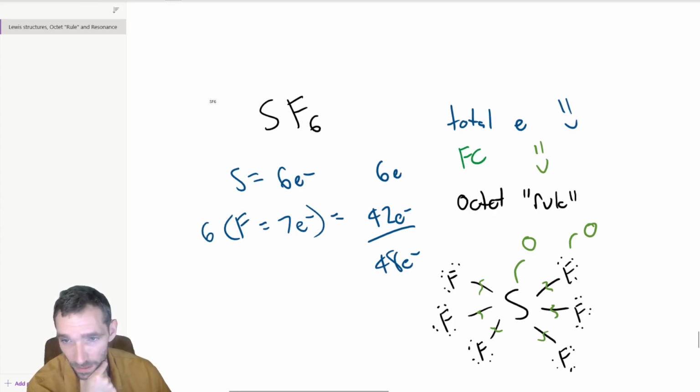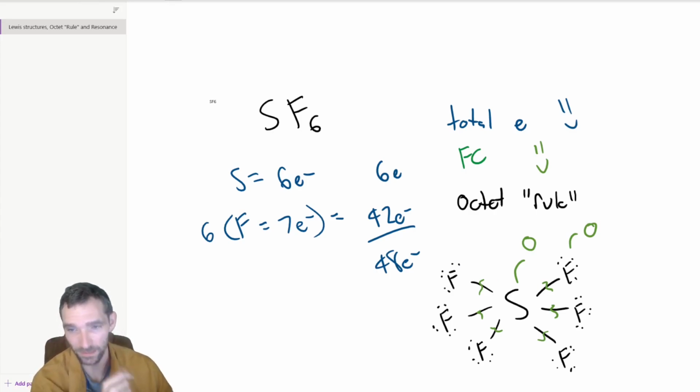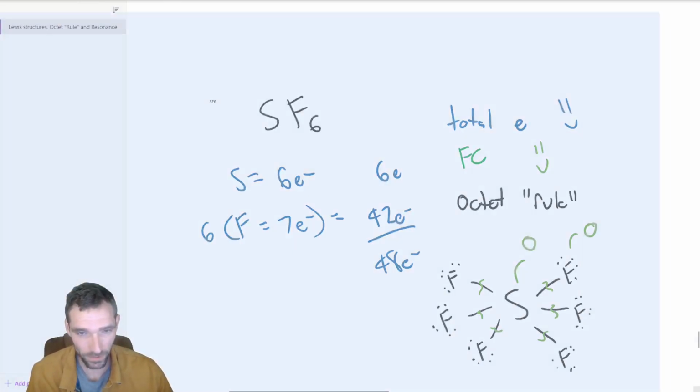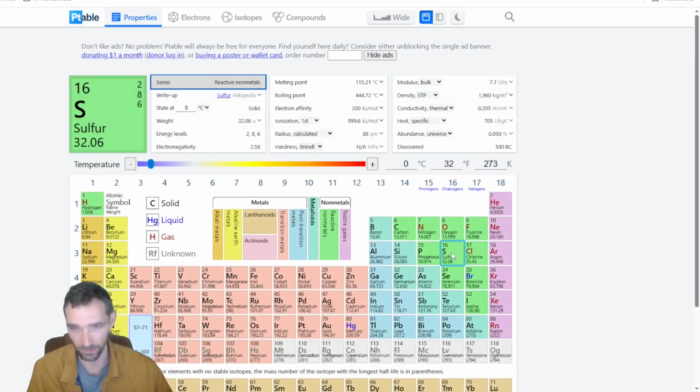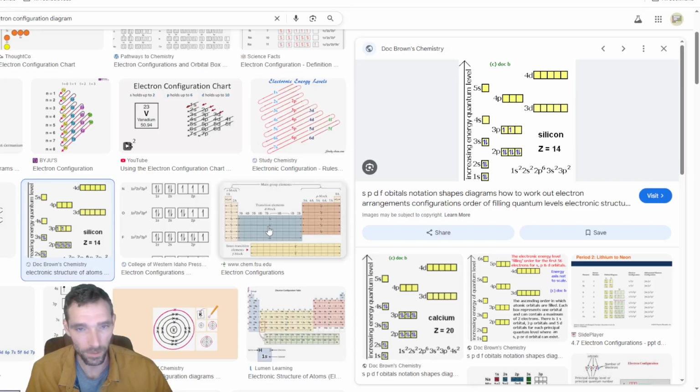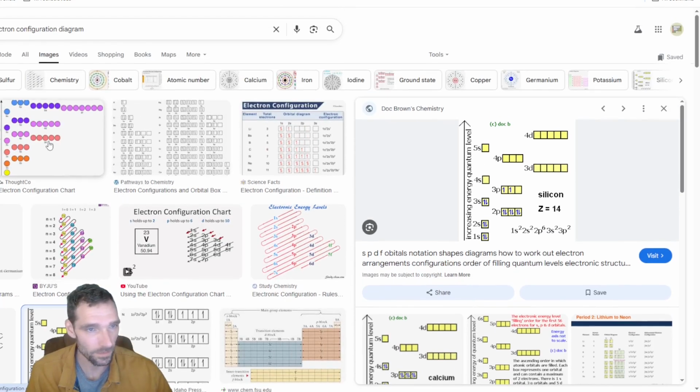Now the octet rule is being broken for sulfur here, but because it has that 3rd energy level, it has access to more orbitals, not just the s and p orbitals, but also some d orbitals.